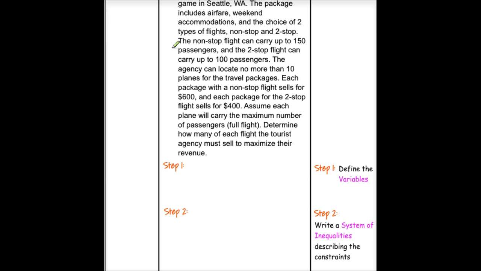We have a non-stop flight that can carry up to 150 passengers. The 2-stop flight can carry up to 100 passengers. No more than 10 planes can be located for the travel packages. And non-stop flights sell for $600. And 2-stop flight packages sell for $400.